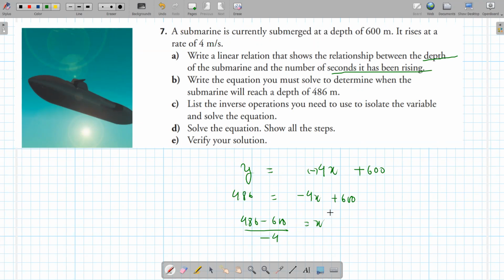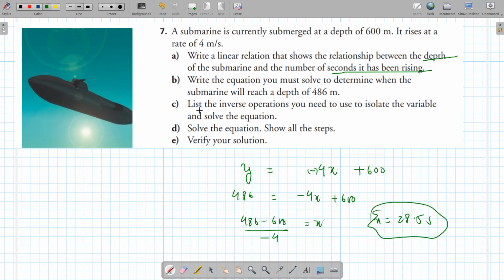Don't do that. And if you're plugging this in, why don't you plug this in the calculator? Let's see what you get. 28.5. So after 28.5 seconds, the depth would be 486.